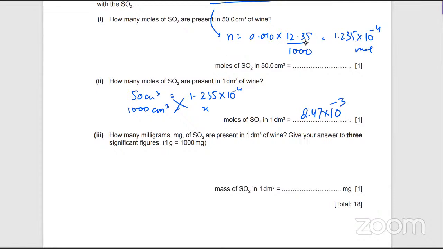Then, how many milligrams of SO2 are present in 1 dm cube wine? So he's asking for the mass in milligrams. So what's the mass in grams, by the way? It's going to be 2.47 times 10 power minus 3 multiplied by the MR of SO2, which is 64.1.